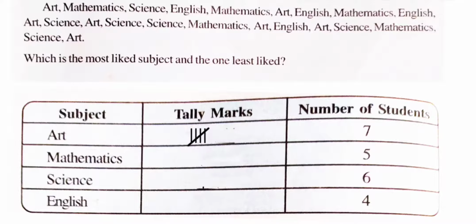You know tally marks: 4 vertical lines and 1 slant line. 7 means 5 plus 2. Mathematics is 5, so 1, 2, 3, 4 and 1 slant line. Science has frequency 6, we can represent it like this. And in English 4 students, so 4 vertical lines.